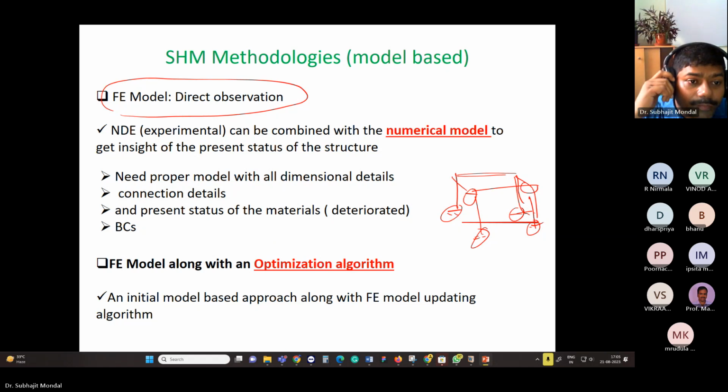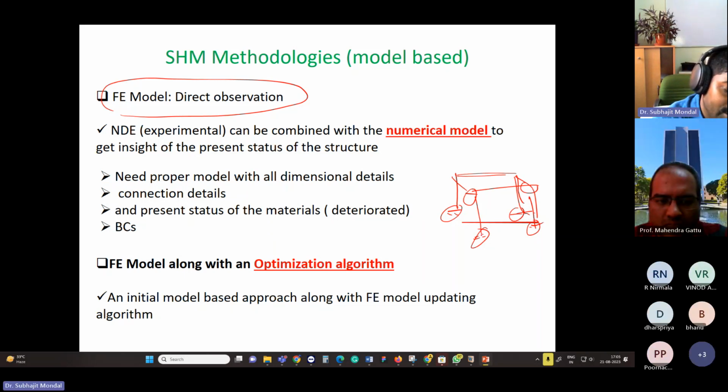Okay, sorry. So the thing is that in the finite element model, there is still some limitation. The limitation is that we should have proper modeling of the boundary conditions. You should have proper modeling of the connection. If any connection fails, then again you should have a strong model to represent the damage.